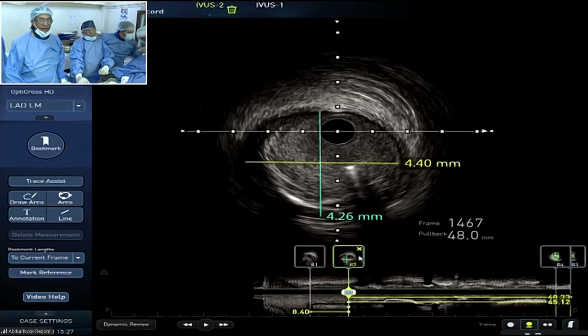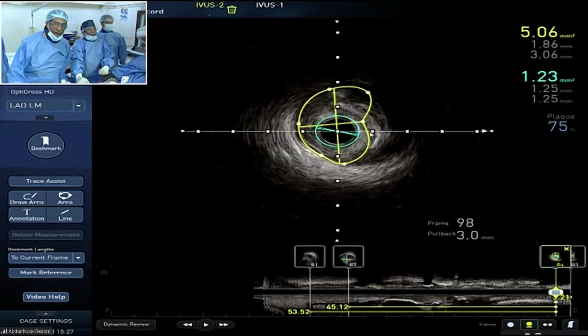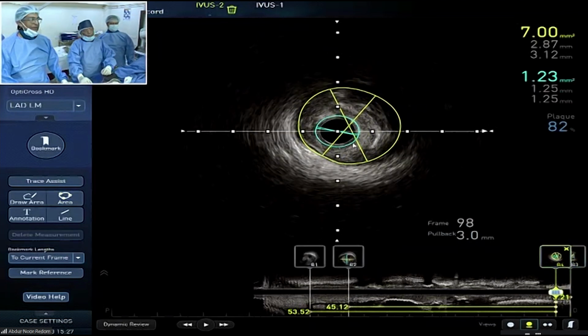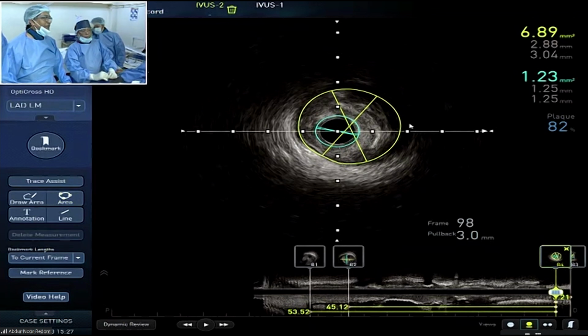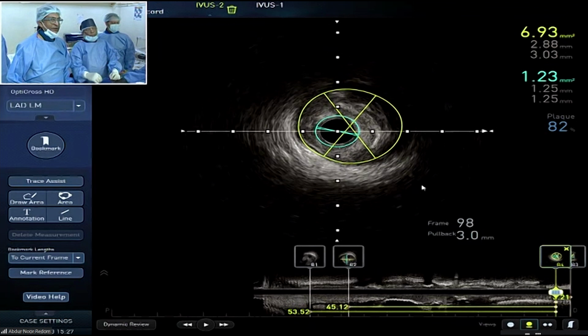How will you accommodate it? 2.75 was the safest one distally, but I think we can even go maybe a 3.0 and undersize to 8 atmospheres. And then proximally, I would dilate with a 4.0 balloon. There's also a diagonal lesion.